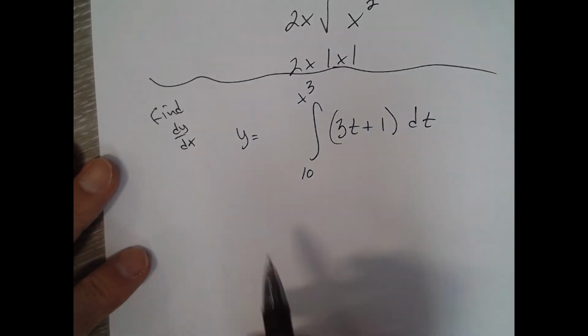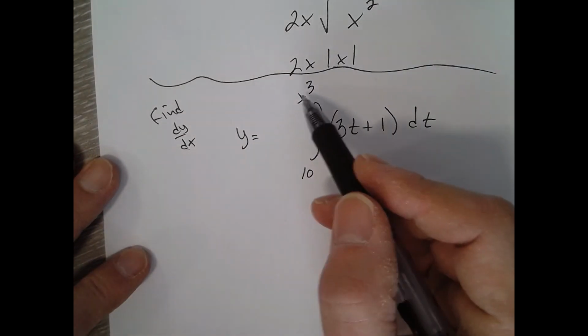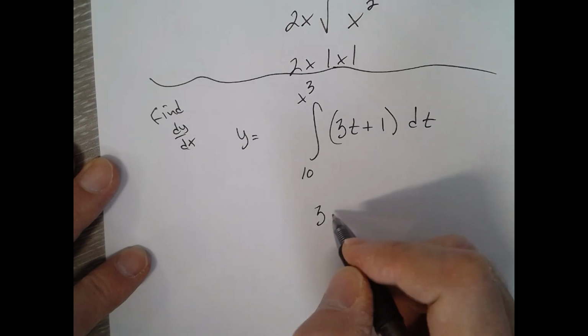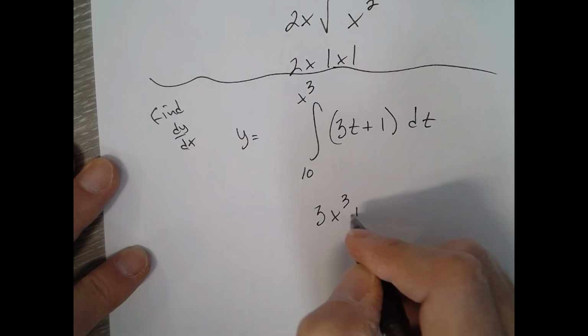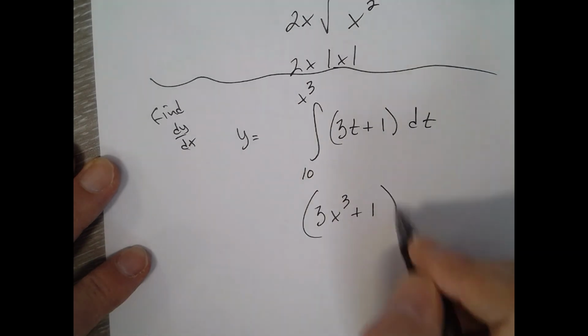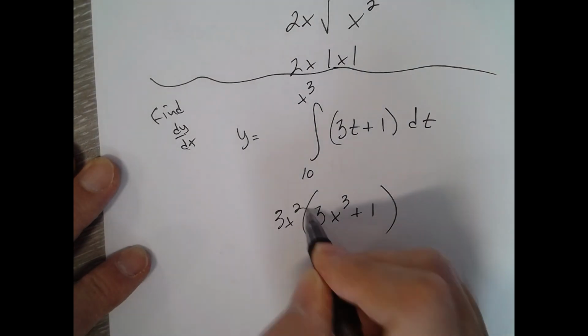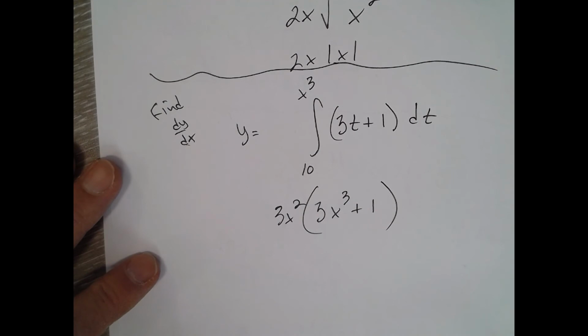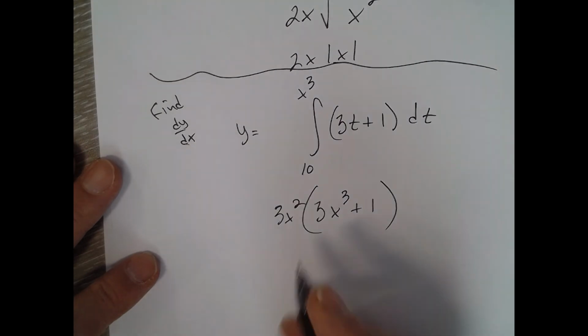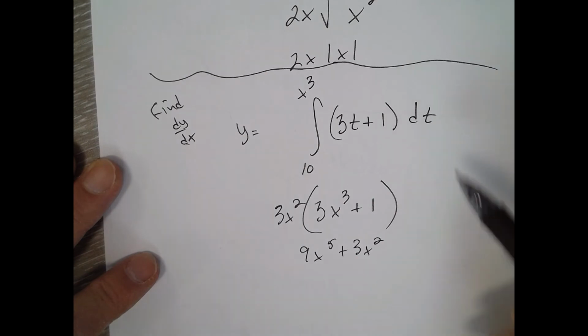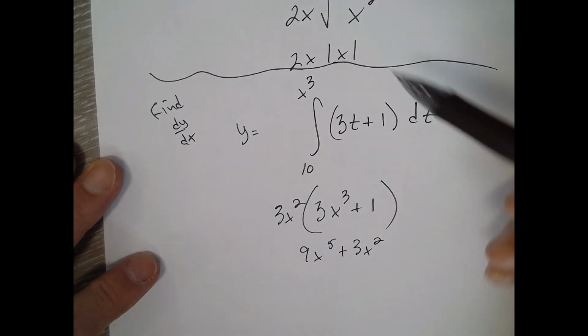Okay, derivative of an integral, we can just drop it in, so it's 3x cubed plus 1, and then times the derivative of that, which is 3x squared. And you could distribute, 9x to the 5th. Okay, so if there's something besides x, we put it in there.